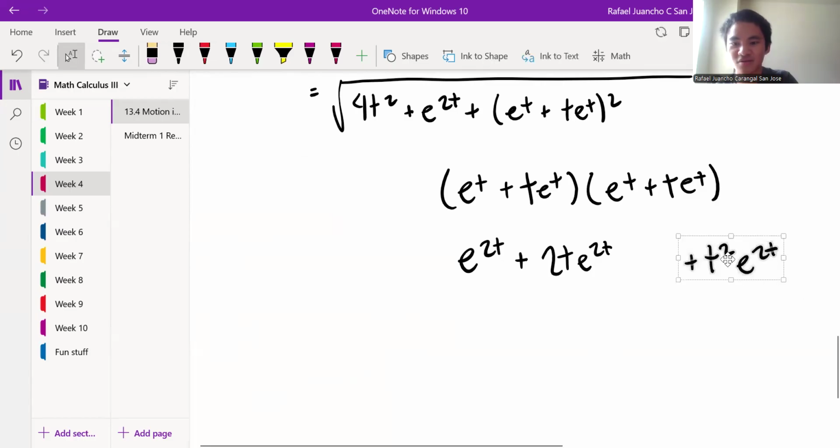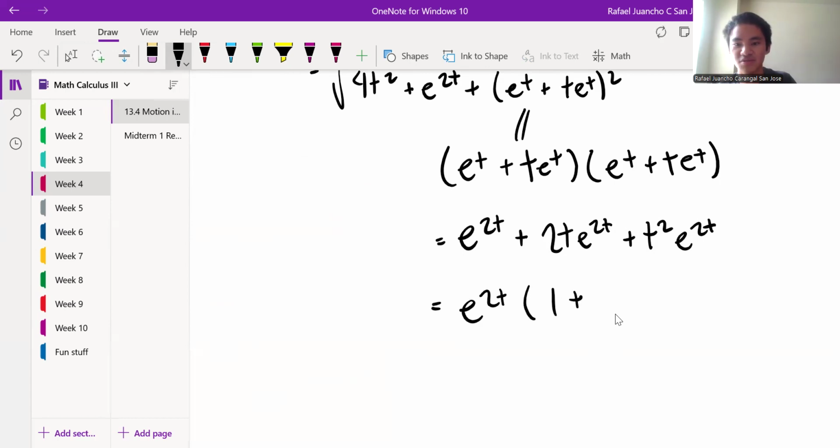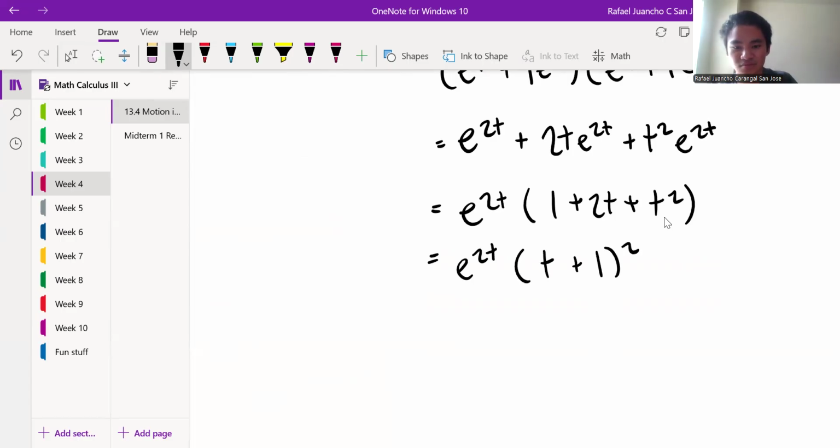Now I can factor out a lot of stuff here. Oh, I can factor out my e to the 2t, right? So I get e to the 2t times 1 plus 2t plus t squared. Oh, look at that. This is the same thing as t plus 1 squared. And there we go.